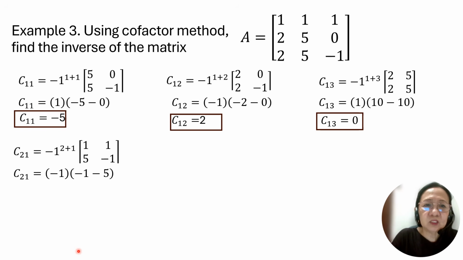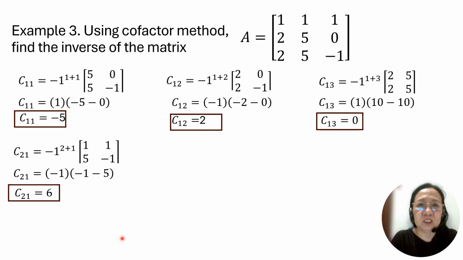Then simplifying, 2 plus 1 is 3, so that is an odd number, and we have negative 1 here for the sign. 1 times negative 1 is negative 1, minus 5 times 1, so minus 5. Then negative 1 minus 5 is negative 6, times a negative 1. That's why we have here a positive 6.